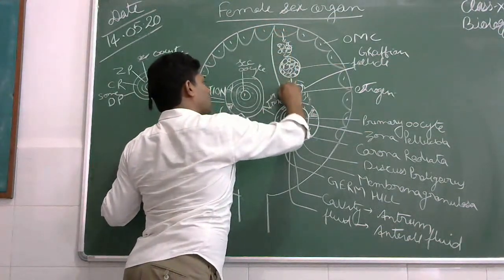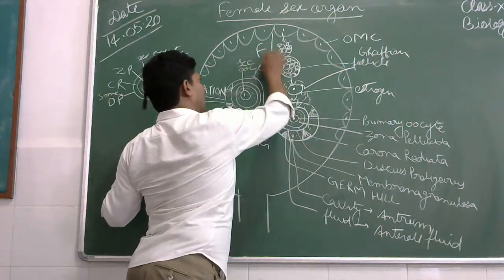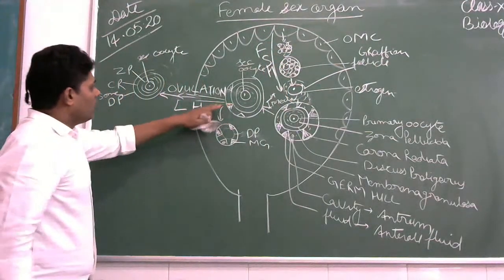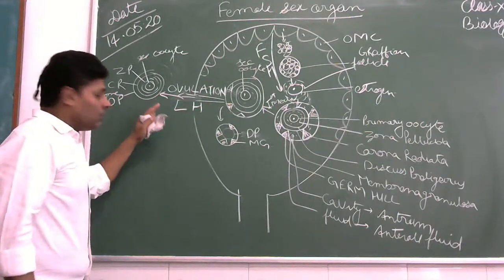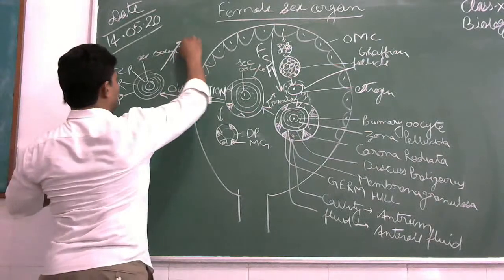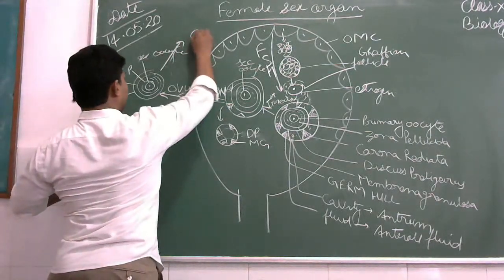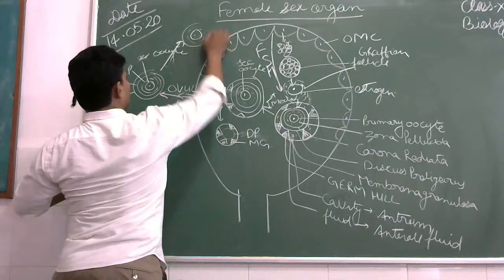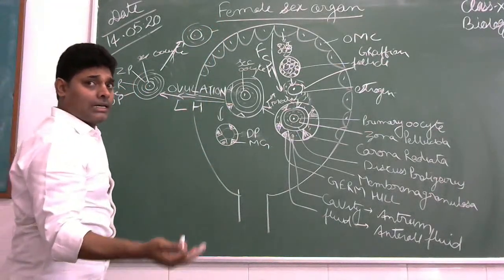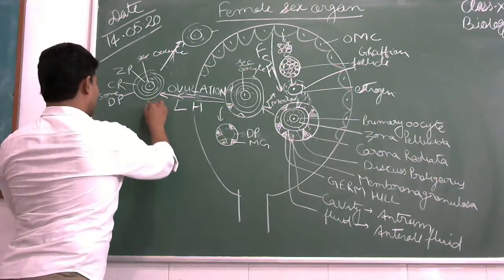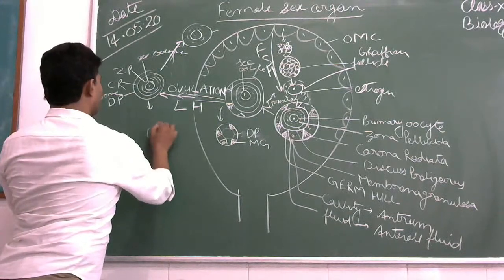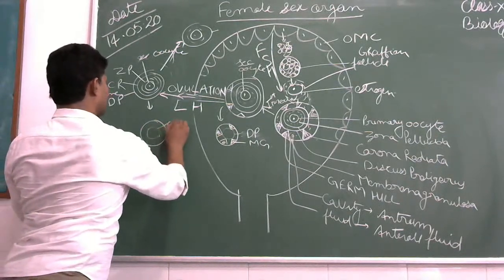This was controlled by FSH. Okay, and here the ovulation is governed by luteinizing hormone. What happens next? This oocyte will move to the infundibulum of the uterus, and again some part of corona radiata and discus oophorus.